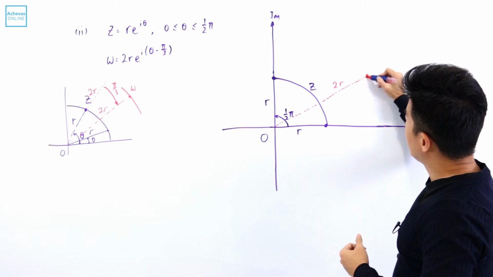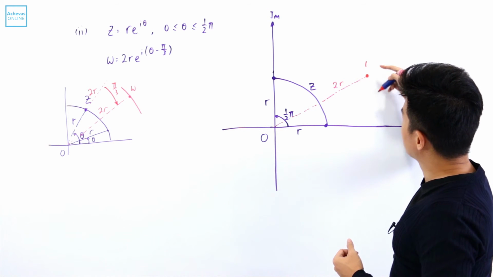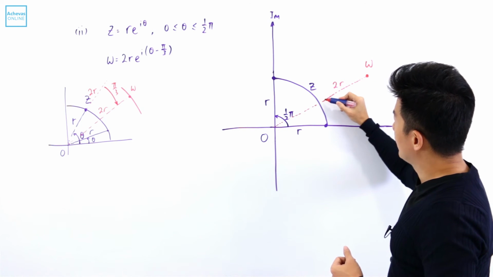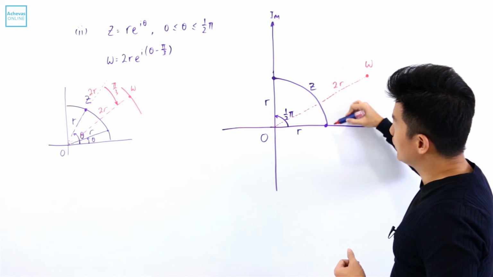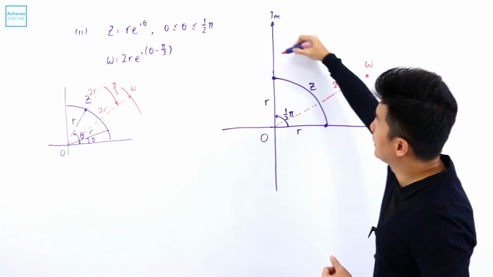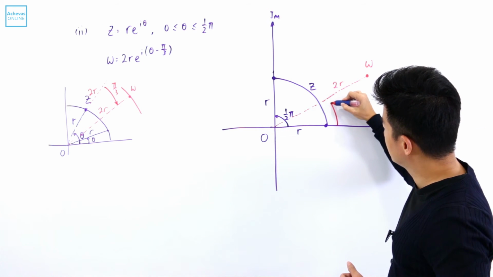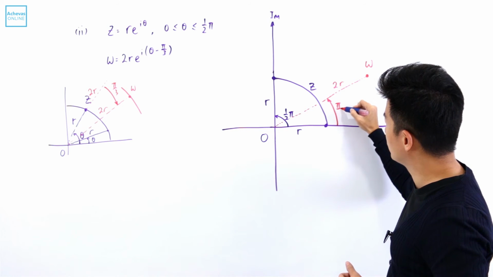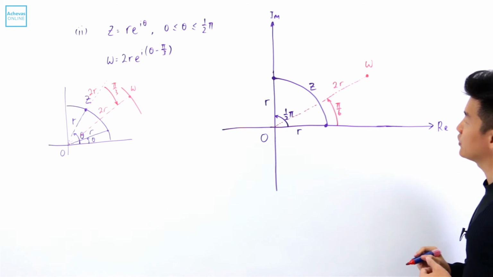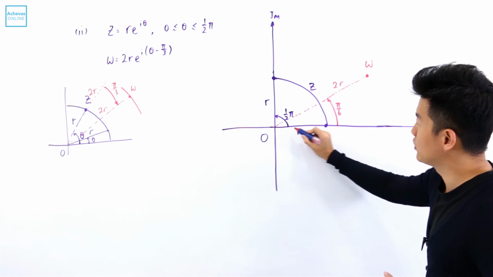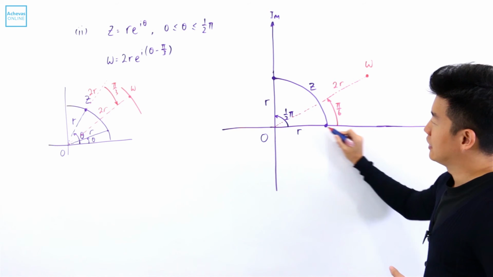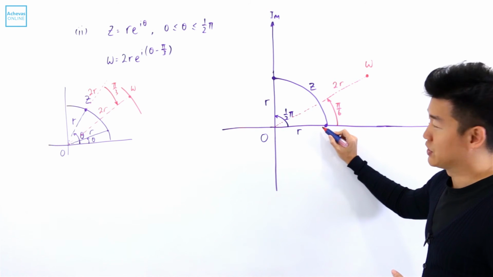So the end of W can be somewhere here, and the argument is going to be pi over 2, half pi, minus pi over 3. So this is going to be pi over 6, as one of the endpoints of W. The other endpoint of W, I'm going to reference it to when the argument of Z is equal to 0.